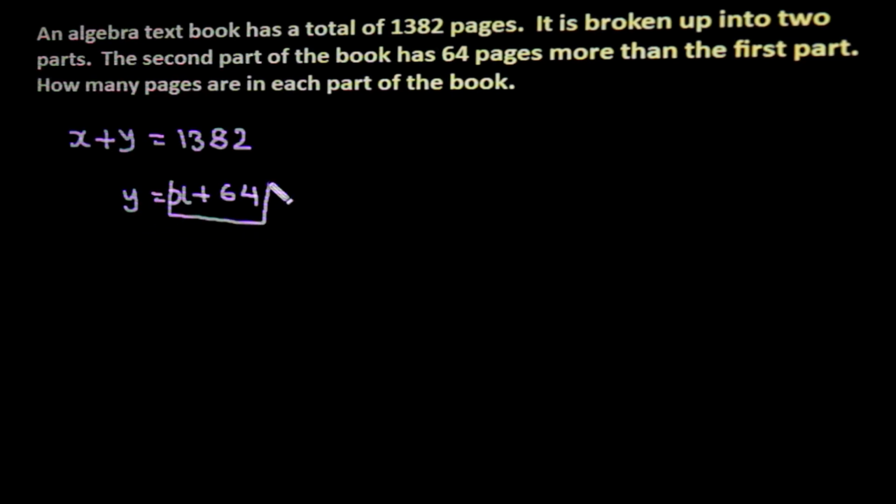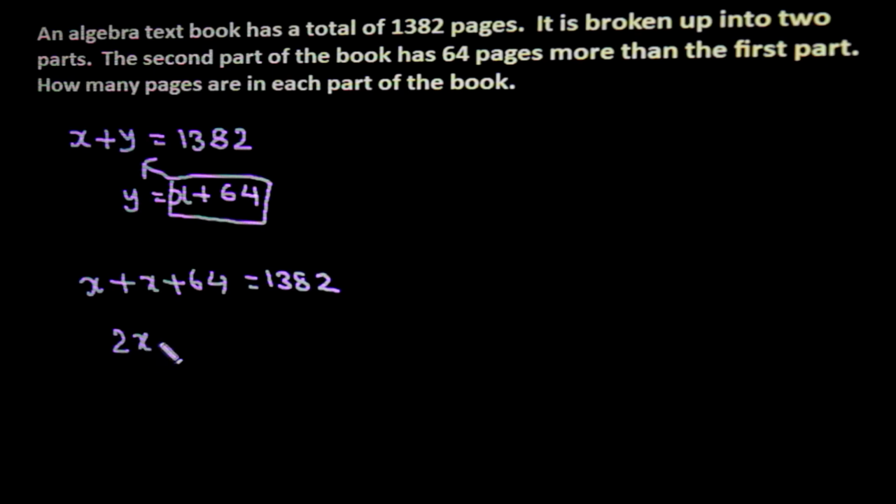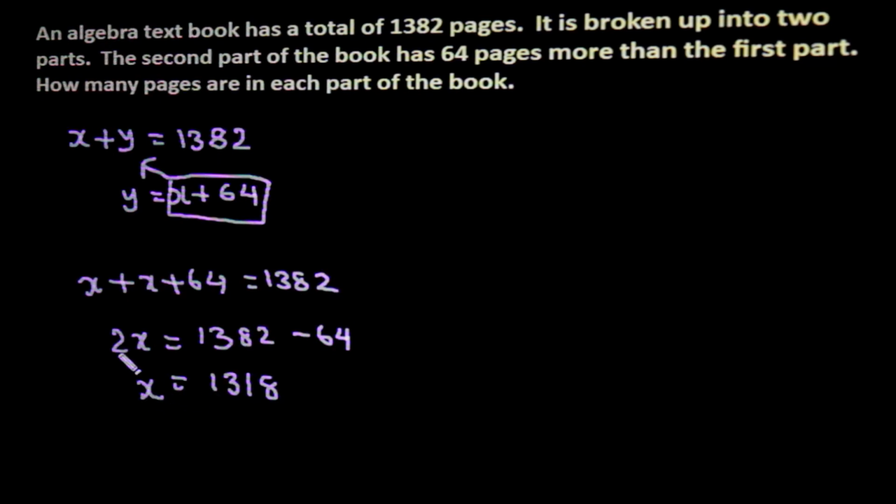You have to substitute this in the place of y. x plus y is x plus 64 is equal to 1382. x plus x is 2x is equal to 1382 minus 64. 1382 minus 64 is 1318. x is equal to 1318 divided by 2, which is 659.